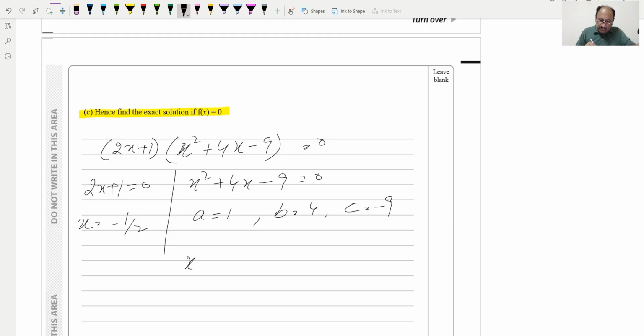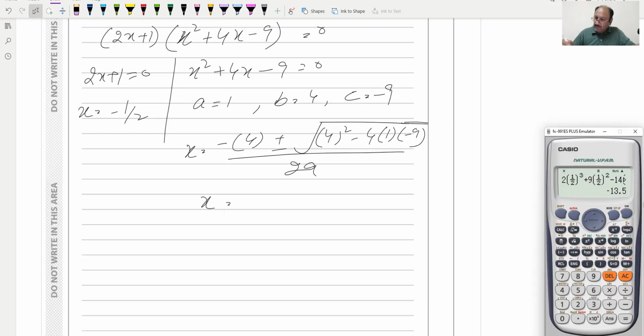So x is equal to minus b plus or minus the square root of b squared minus 4ac, over 2a. The x values for this one we can calculate: minus 4 plus or minus the square root of 4 squared minus 4 in brackets times minus 9, divided by 2a.